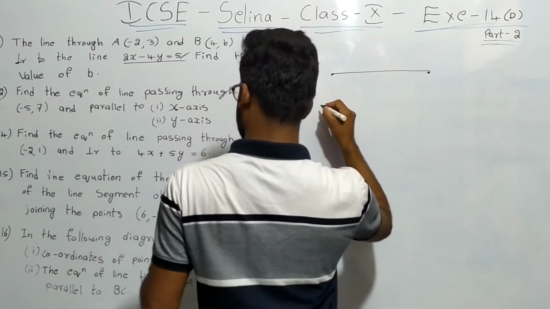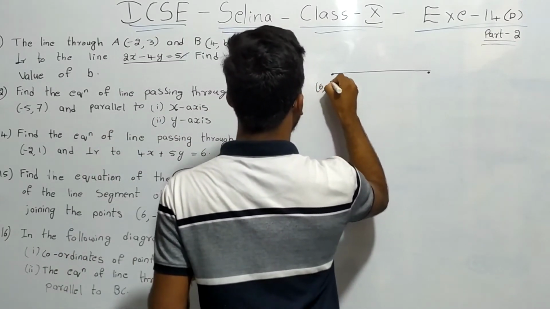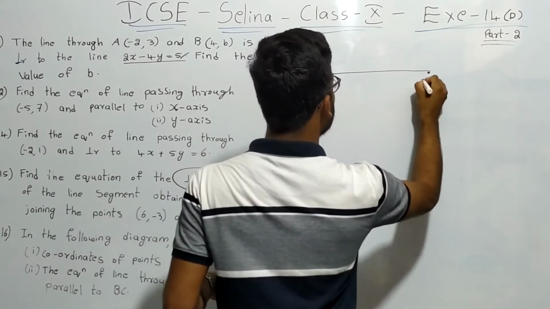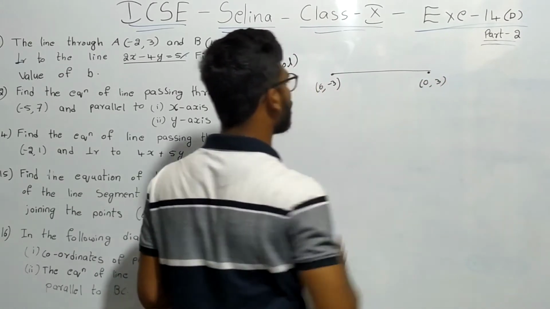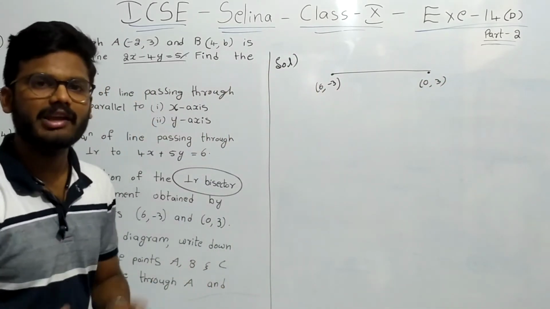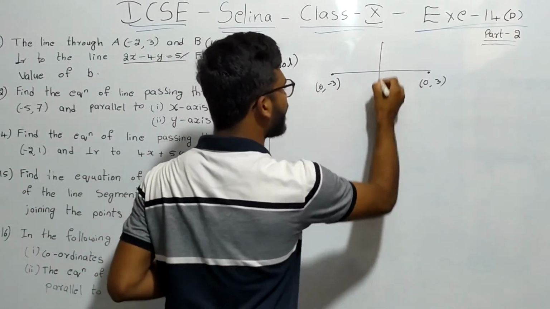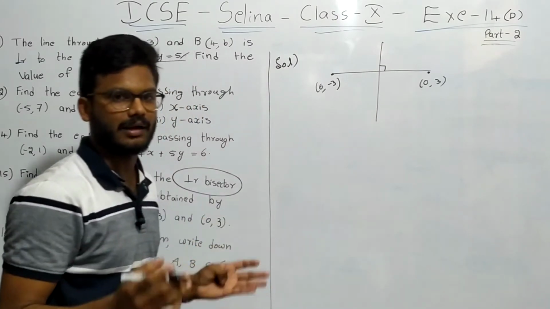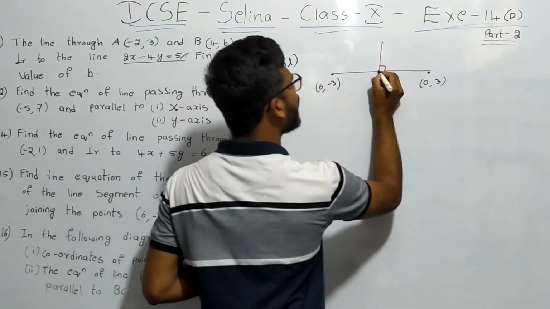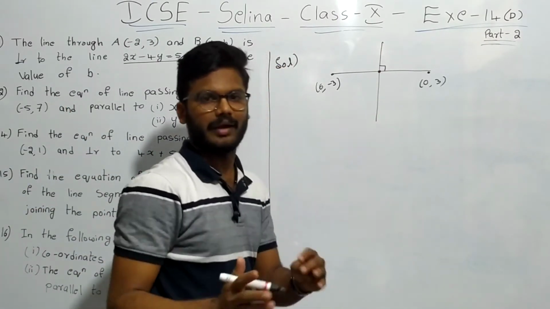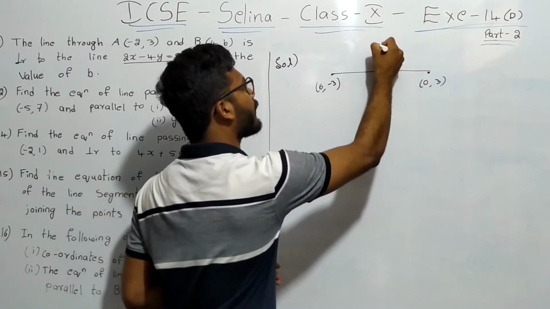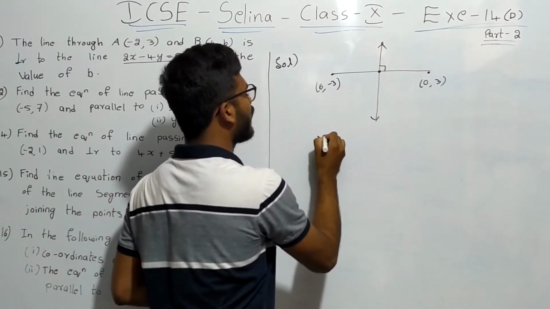So here the given points are (6, -3) and (0, 3). The required line is perpendicular, that means it makes 90 degrees, and it is a bisector, that means it passes through the midpoint. So first, if you want to find one point on this line, what do you have to find?